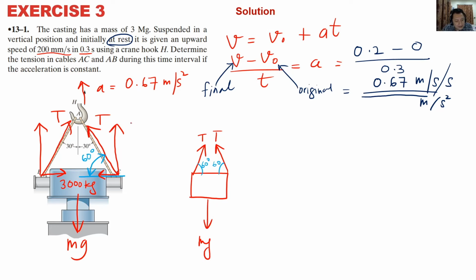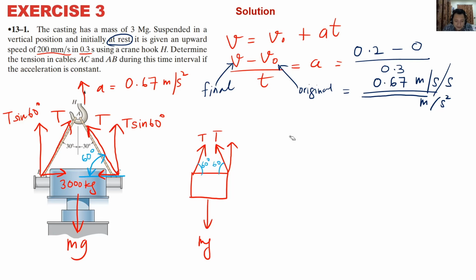What will this become? T sin 60. Yeah, correct. T sin 60. Okay, this one.